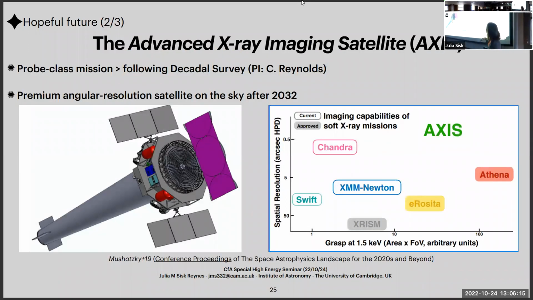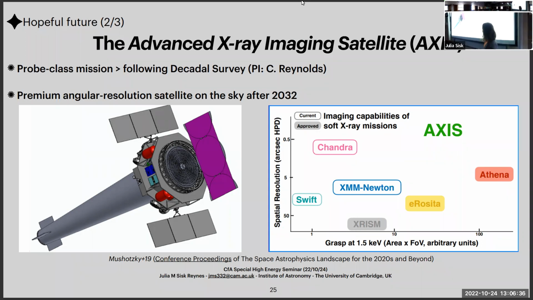On the other hand, we know that the Advanced X-ray Imaging Satellite, or the AXIS mission, is a probe-class mission that is being proposed following the recommendations of the Decadal Survey. Chris Reynolds gave a talk here about a week ago presenting this mission.